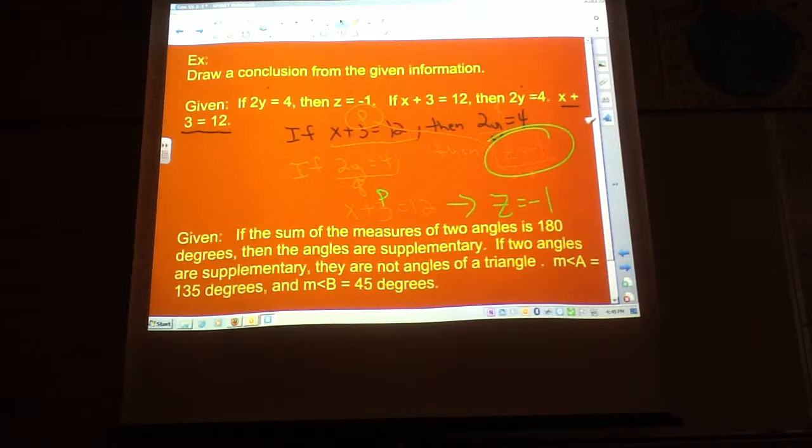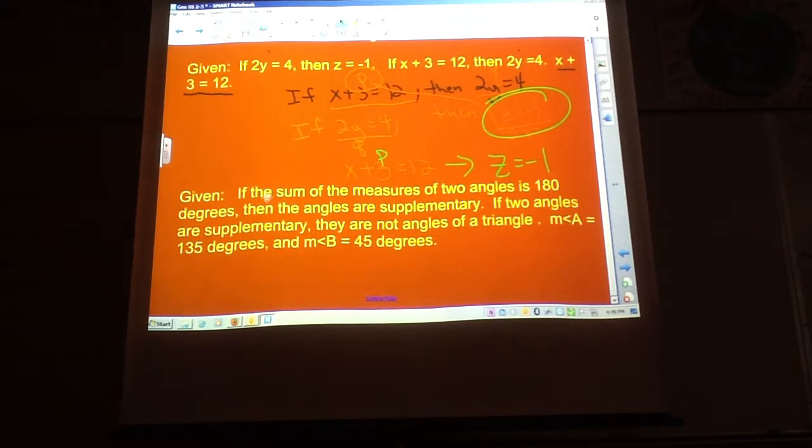Let's see what we have down here. It says, if the sum of the measures of two angles is 180 degrees, then the angles are supplementary. Well, yeah, we've studied that. If two angles are supplementary, then they are not angles of a triangle. Well, that's true because the angles of a triangle add up to equal 180. If two of the angles take 180 degrees, there's no measurement left for that third angle. It says the measure of angle A equals 35 degrees and the measure of angle B equals 45 degrees.